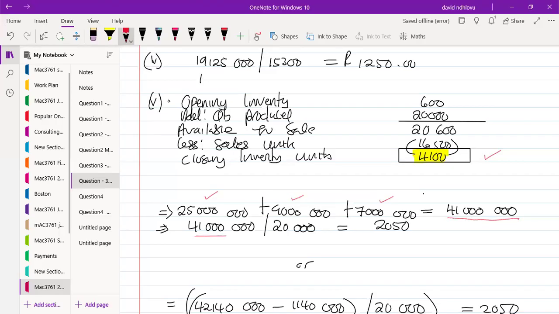Those were made up of 20,000 units produced. So therefore, you will get your 2050 as the cost. Right, so that is how we calculate the closing inventory. Maybe to understand it even better, you need to think about the weighted average cost method.